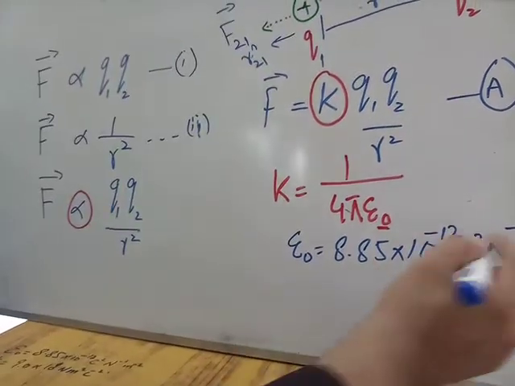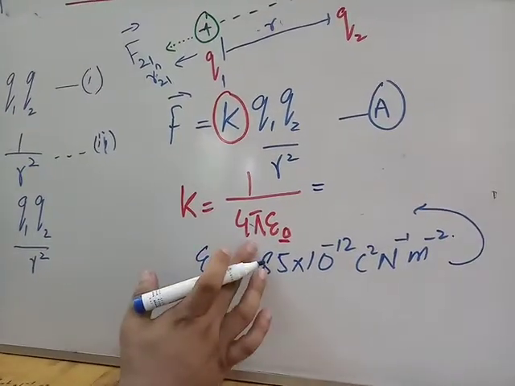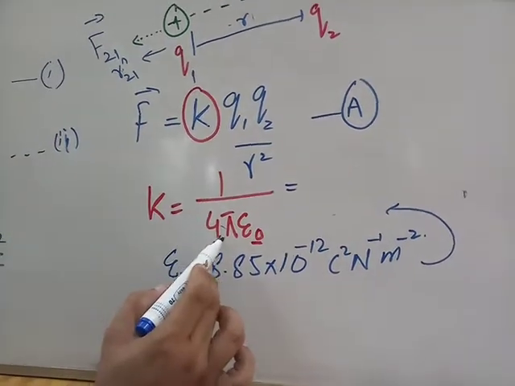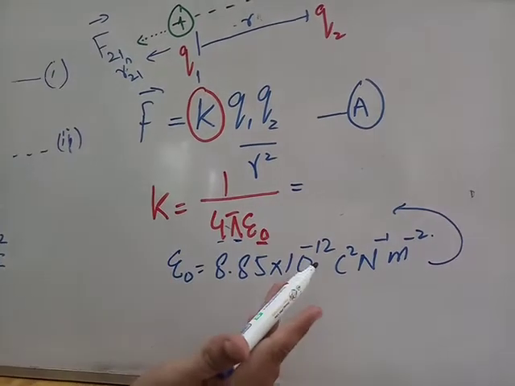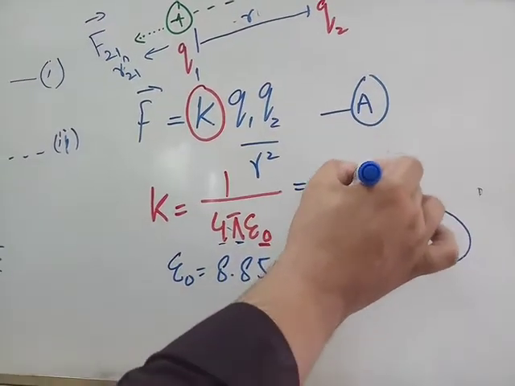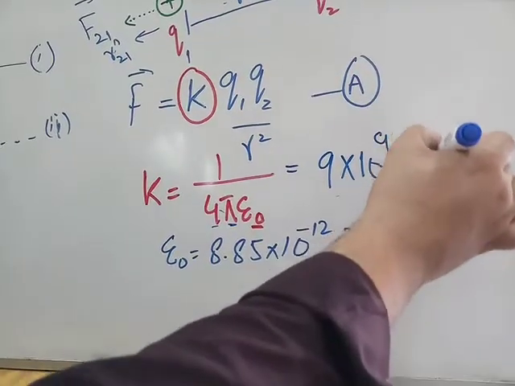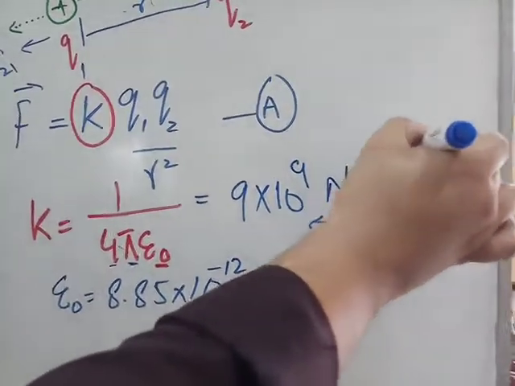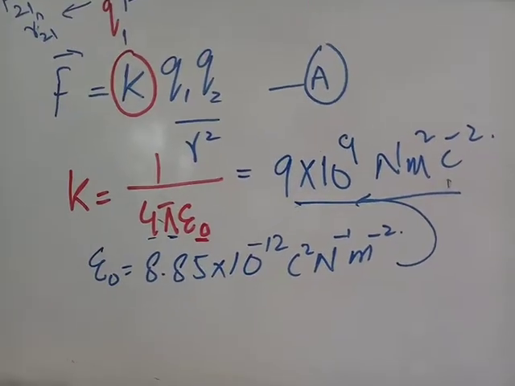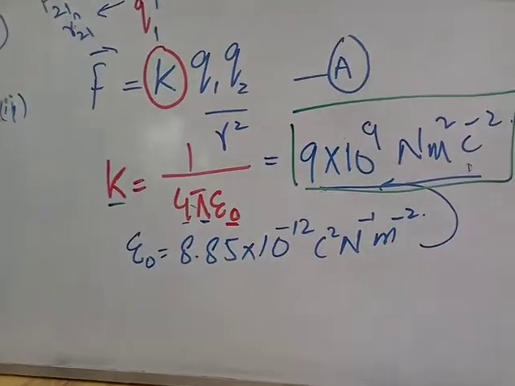If we put this value in the above equation, with the value of 4 and pi, which is 3.14, and the value of epsilon naught, the K will be 9 times 10 raised to the power 9 Newton meter squared per Coulomb squared. This is the value of the K constant. We use this value of K directly in numericals.